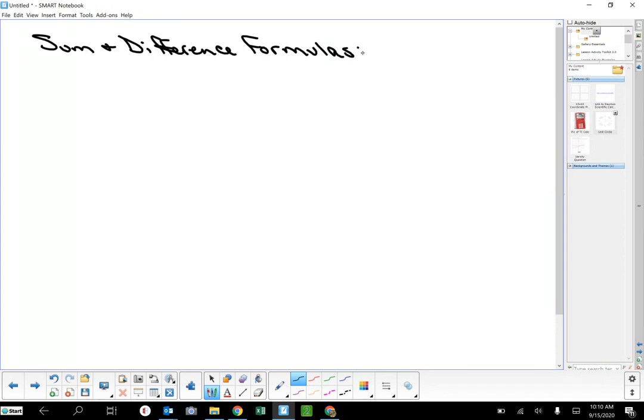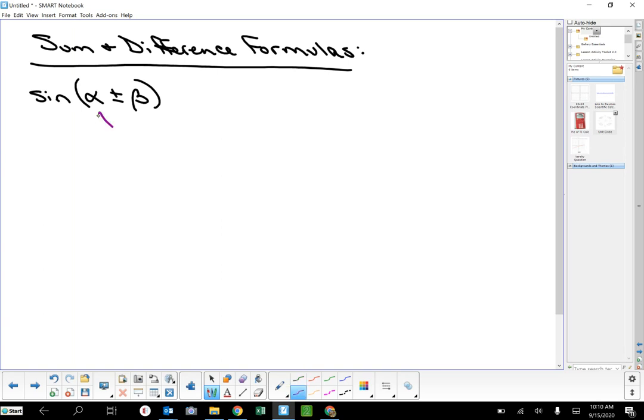Formulas. All right. So we have the sine of alpha plus or minus beta. So remember, these are just two angle measures. You might see them, a textbook I have says U and V. You could see theta and gamma.